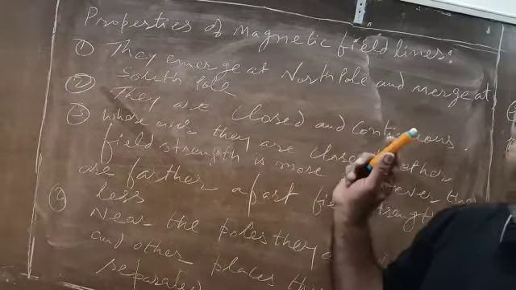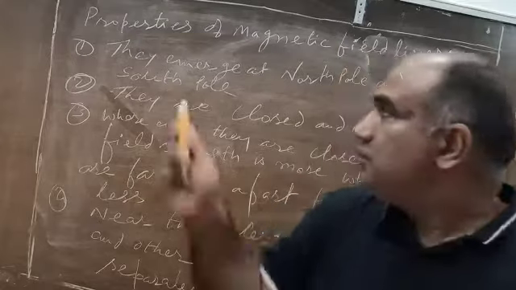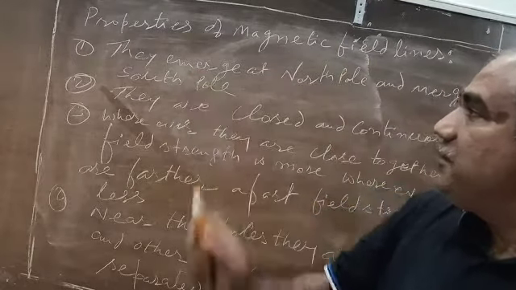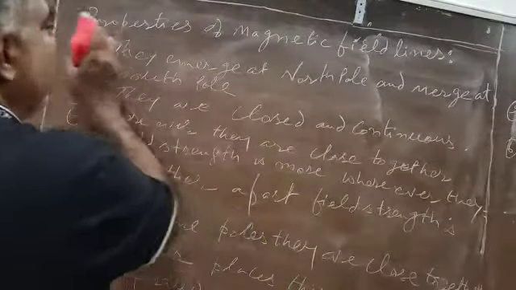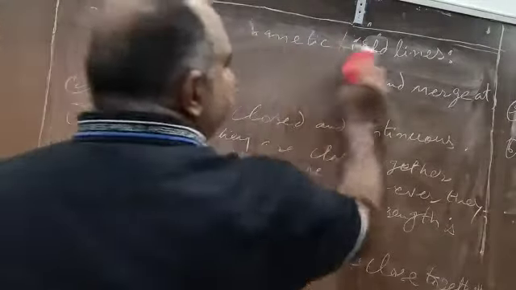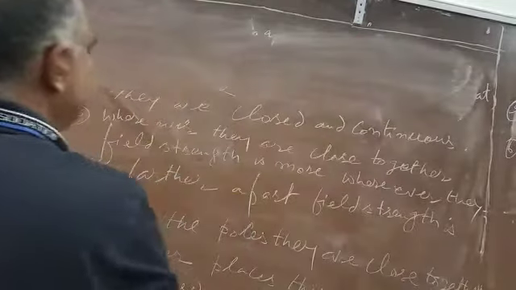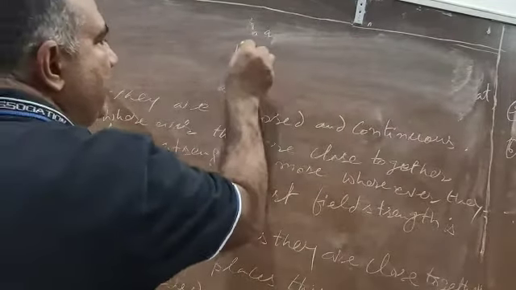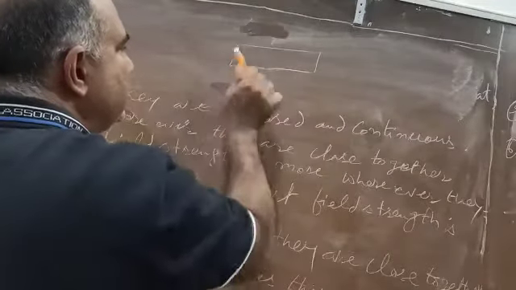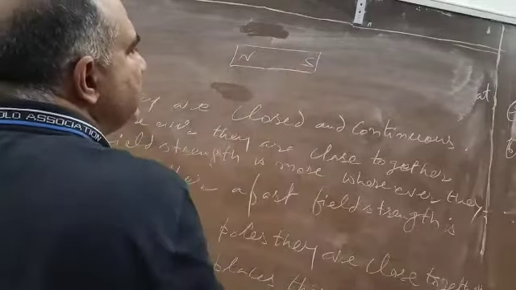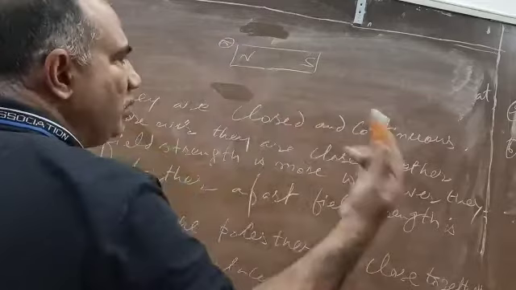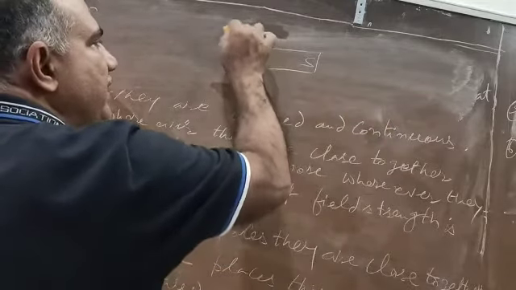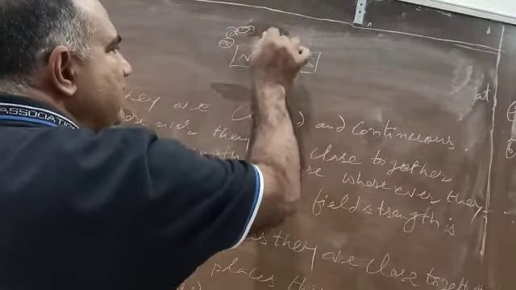The obvious question asked is, why should they emerge at the north pole? As the definition goes, I have told you while defining this. Now this we can prove. If I have a magnet like this, say this is the north pole and this is the south pole, and I keep a magnetic compass, which undoubtedly is a small magnet, near it, then it will follow a path like this.